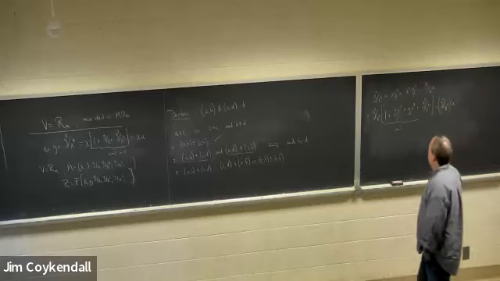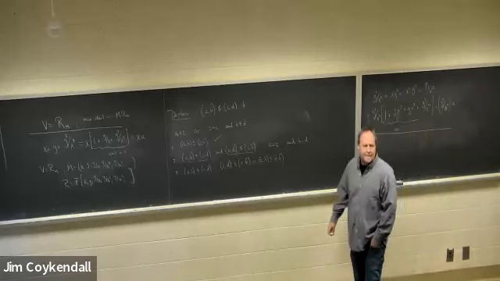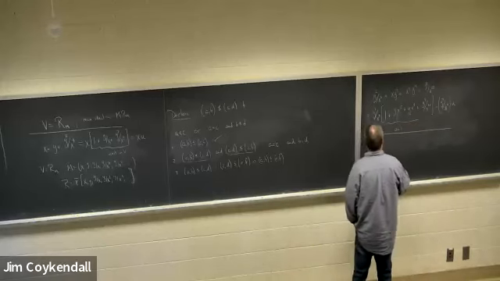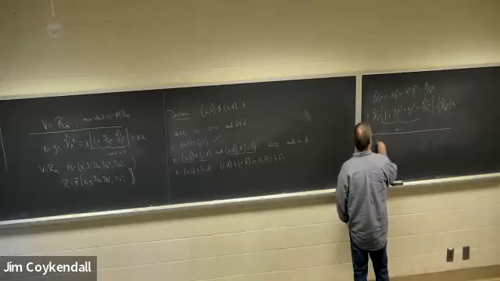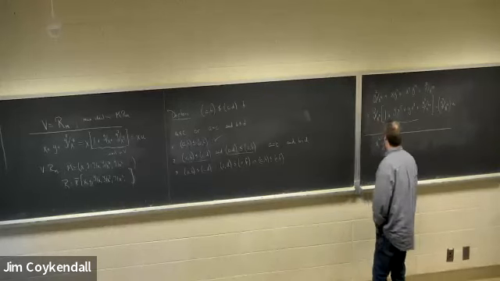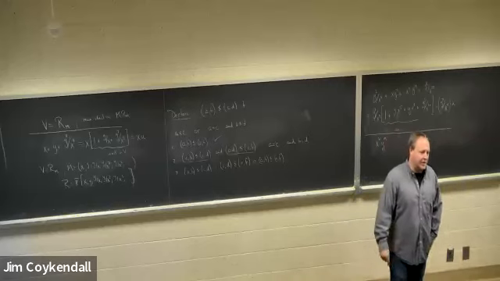Let's look at these monomials, shall we? Suppose I have x^k y^m in this ring. Can you tell me what the restrictions on k and m are?